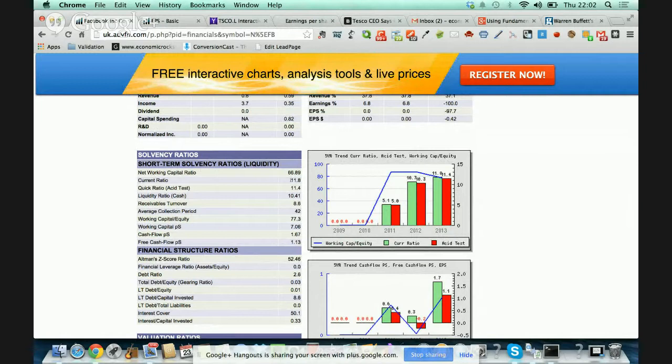So a company like this could be overvaluing some of its assets, especially the intangible assets. Even so, the current and quick ratios are fantastic: usually they're 2 to 1, and this is almost 12 to 1, and the quick ratio is 11 to 1. So according to that, Facebook has no problems if it was ever to try and meet its liabilities.